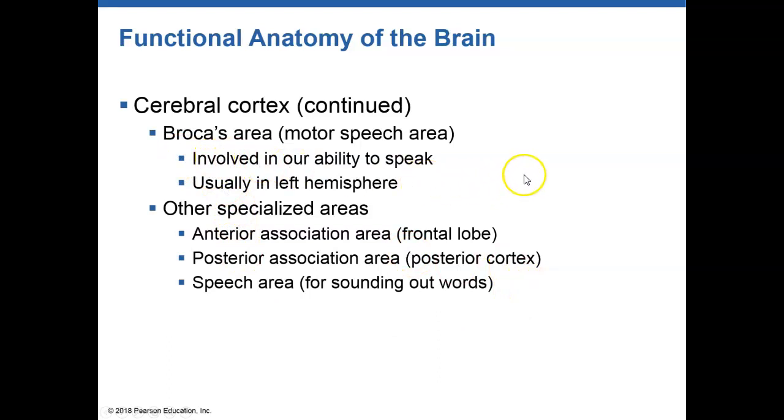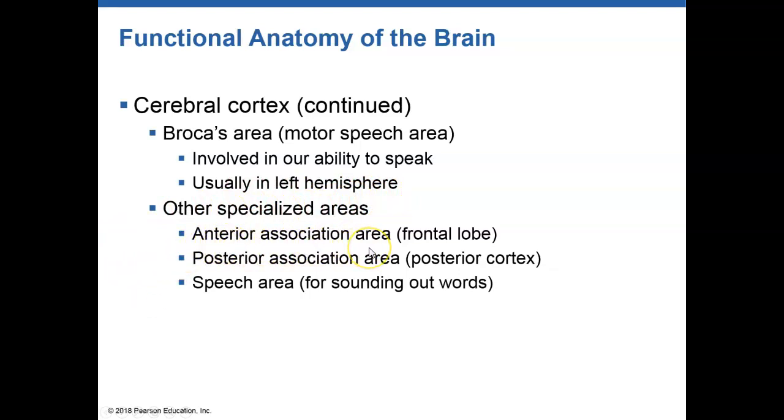We have some specialized areas for speech as well. Broca's area is typically found only in one hemisphere, and it helps us with our ability to speak. If this area is damaged, then our ability to speak is often compromised.